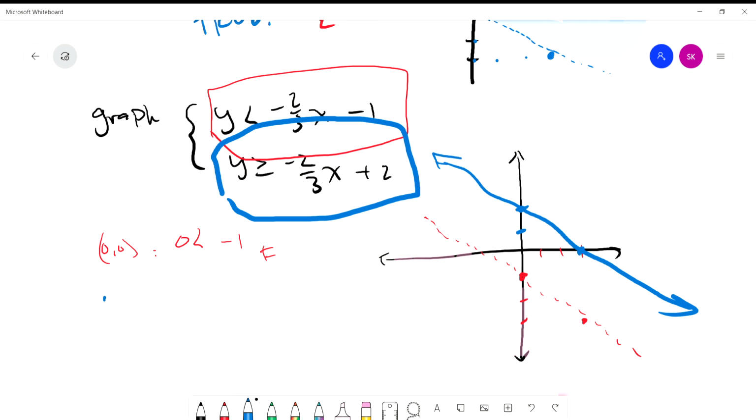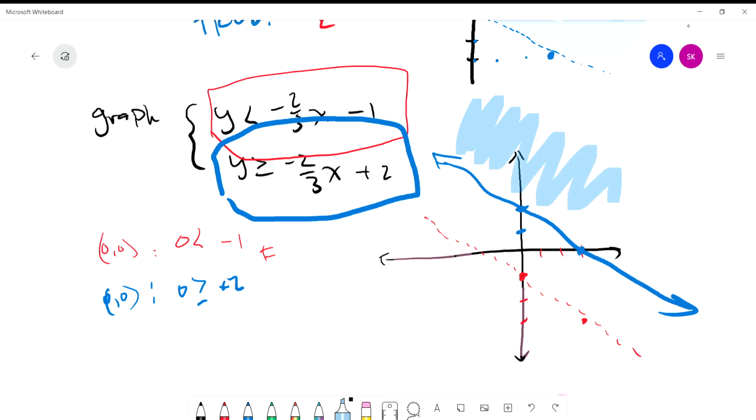But again, if I test 0, 0 into here, that gives me 0 is greater than or equal to 0 plus 2, and that's also false. So my solution space is on the other side, and that is up here. As you can see, there's no intersection.